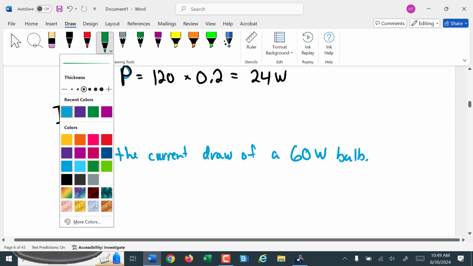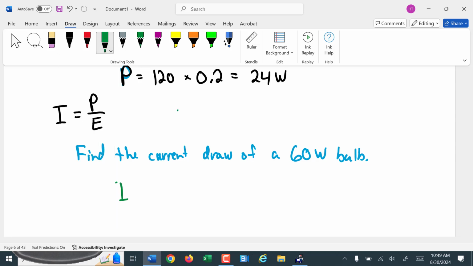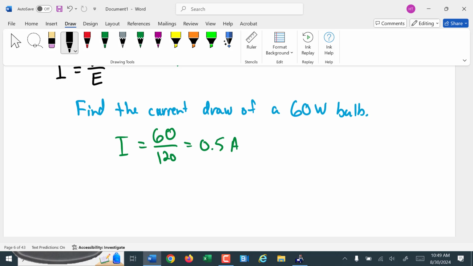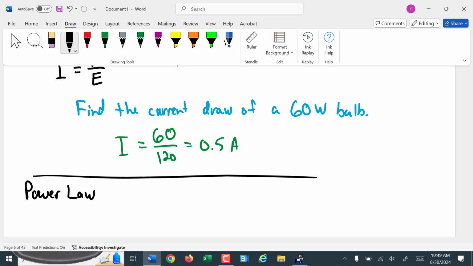We'd ask you to find the current draw of a 60 watt light bulb, assuming obviously that it's operating at 120 volts. Yeah, 60 divided by 120 is 0.5 amps or 500 milliamps. Yeah, exactly.